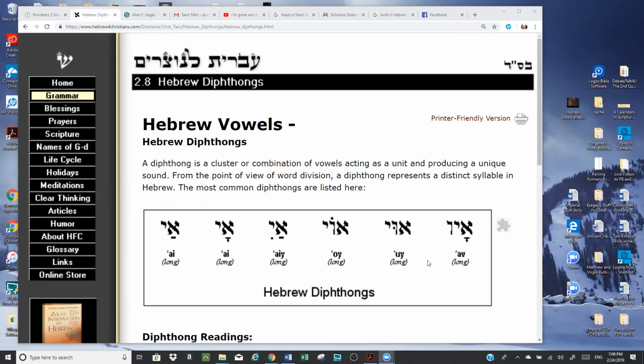So from right to left, you have av, right? And then next to that you have ui. You can see this pronunciation, ui.